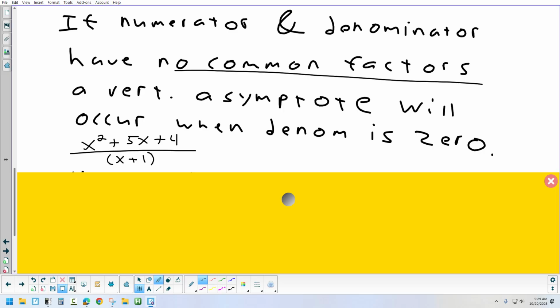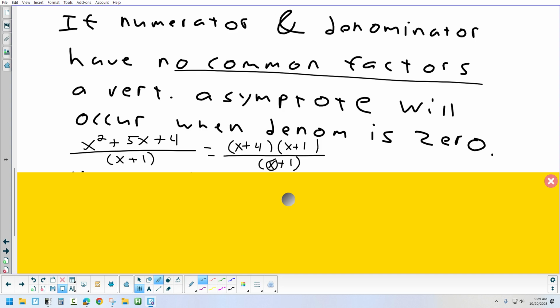Well, factor the numerator. That's going to factor as (x plus 4)(x plus 1). Do we have a common factor in the top and the bottom? Yes, we do. Because there's a common factor, I agree, you cannot plug in -1, but you will not get a vertical asymptote.